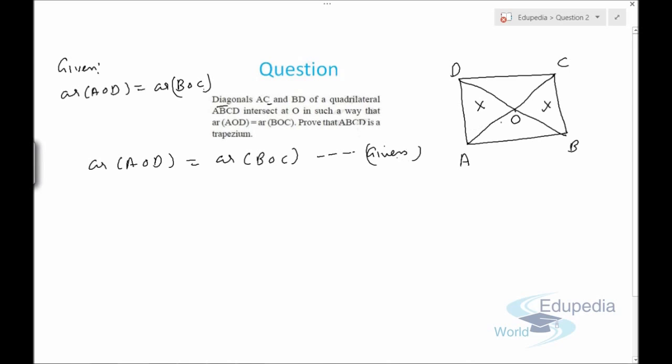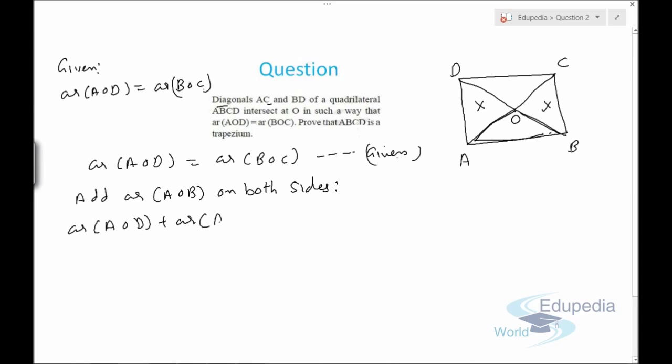Now if we add the area of AOB to both sides, what we get is area of AOD plus area of AOB, which equals area of BOC plus area of AOB.